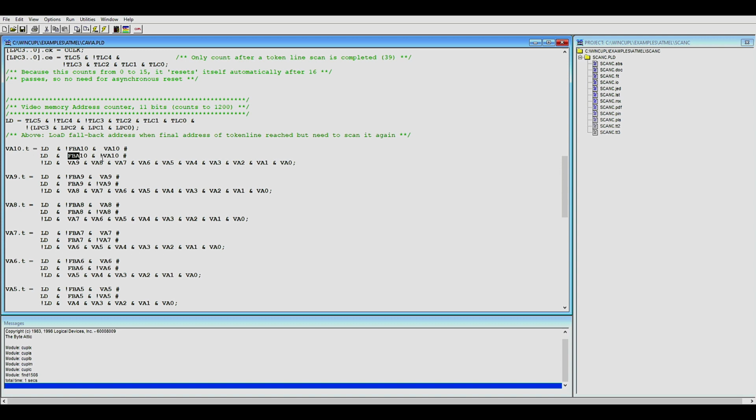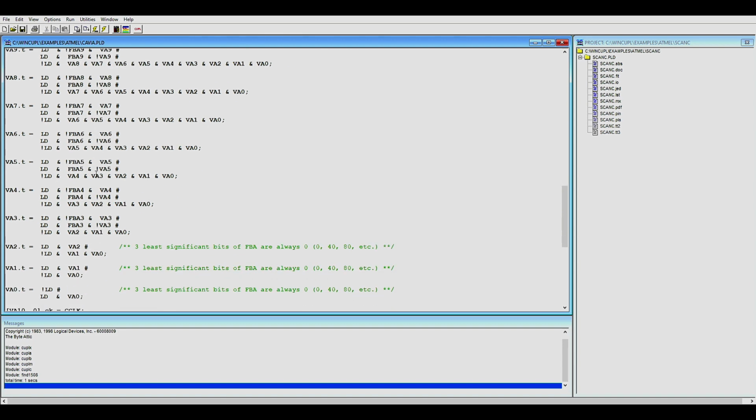And if you are at address 79, which is the end of the second token line, but you have to scan the second token line again, then you go back to 40. So in the first case, the fallback address was 0. In the second case, the fallback address was 40. And this is the logic to make sure that the fallback address is loaded in that situation at the end of a token line when you need to do another pass.